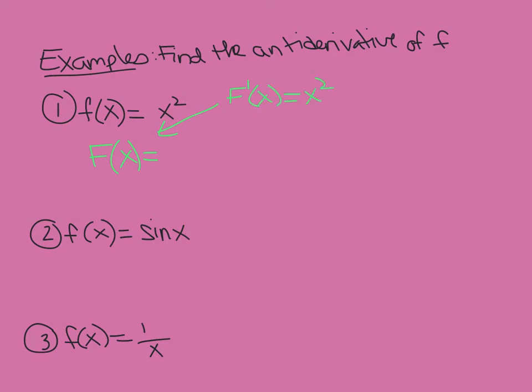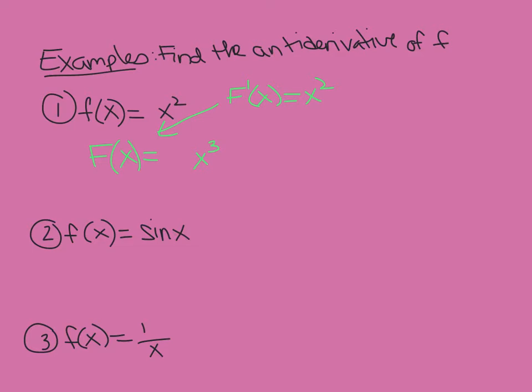So if you think about using your power rule, when you do the power rule, you're going to move the exponent forward, subtract 1 from the exponent, and put the exponent in front of your function. So we can tell right away that if you were to figure out the antiderivative, the exponent would be 1 more than the x squared.